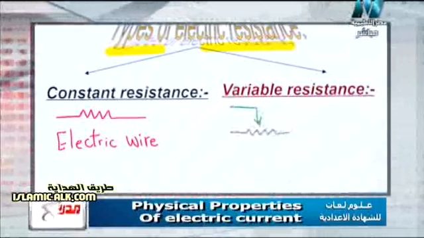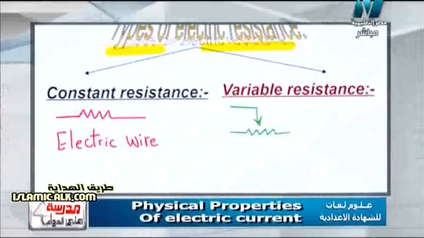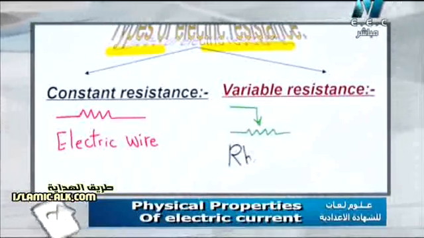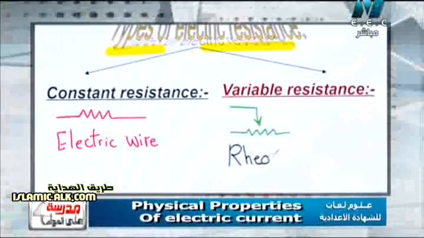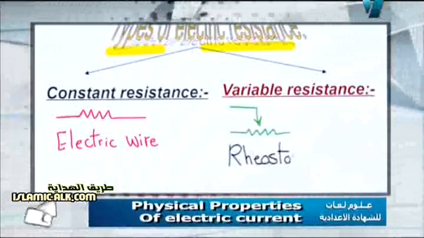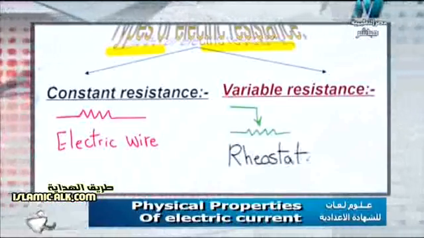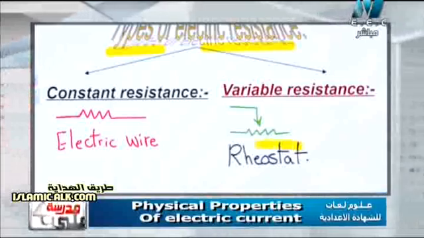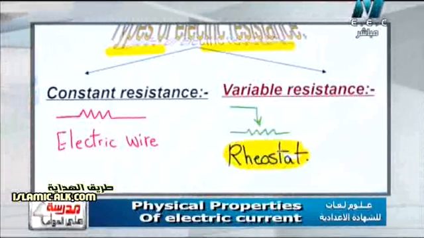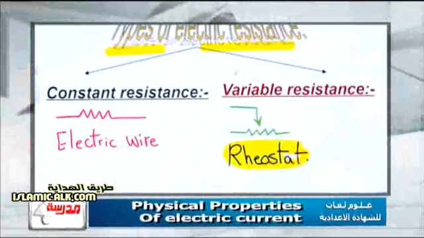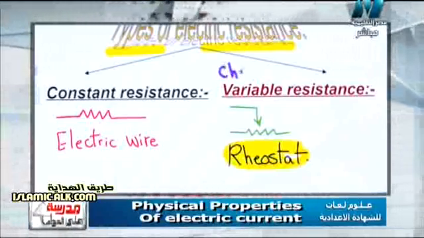Because here we have rheostat, rheo, H silent, rheostat. So variable resistance is called what? It is called rheostat. What is meant by variable? Which means changeable.